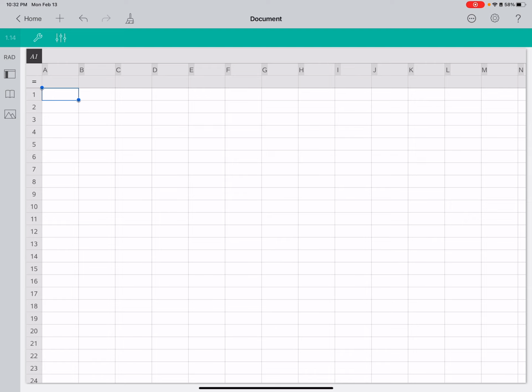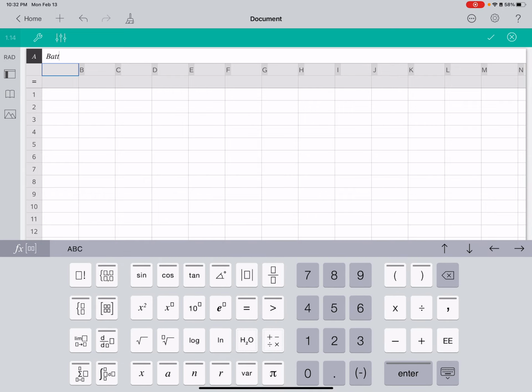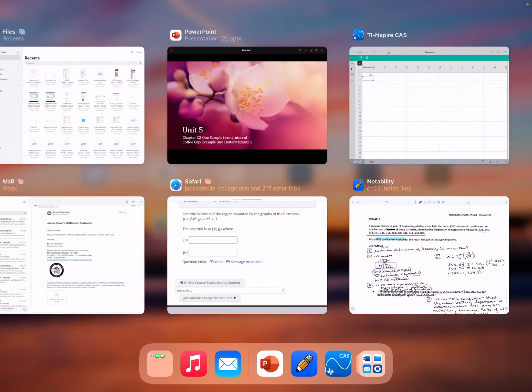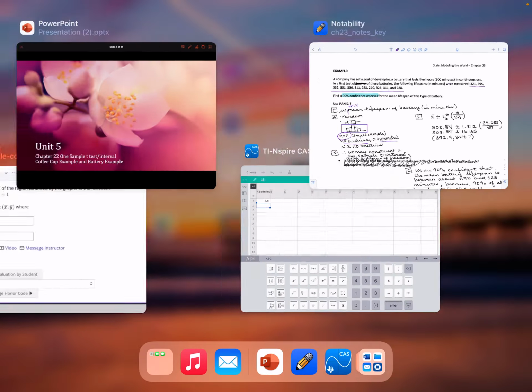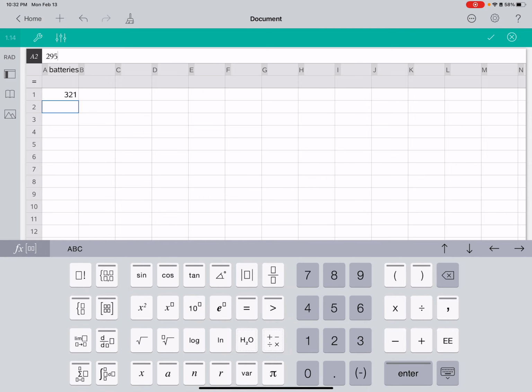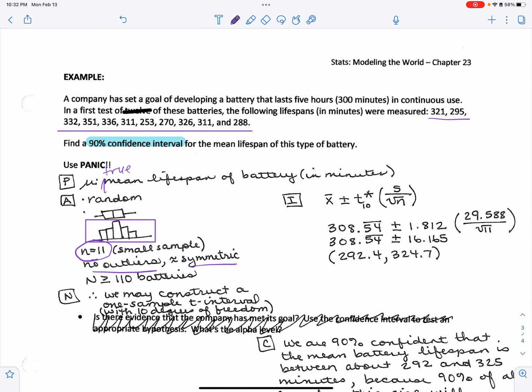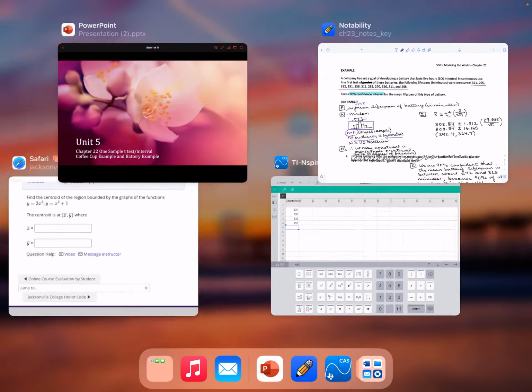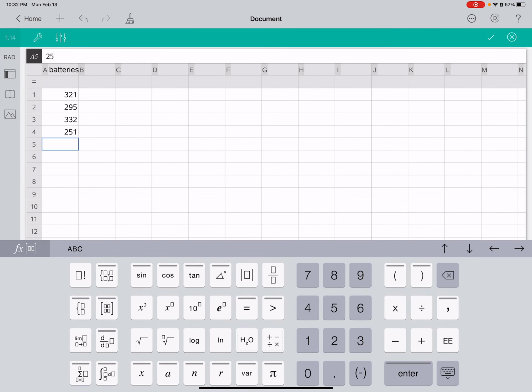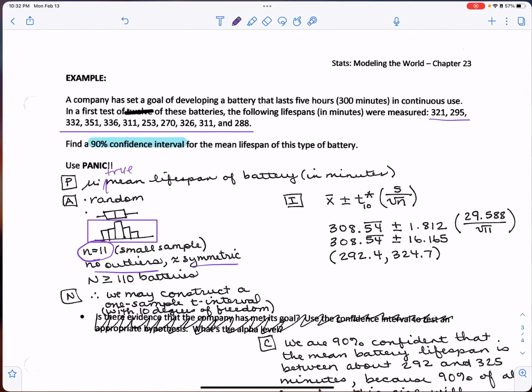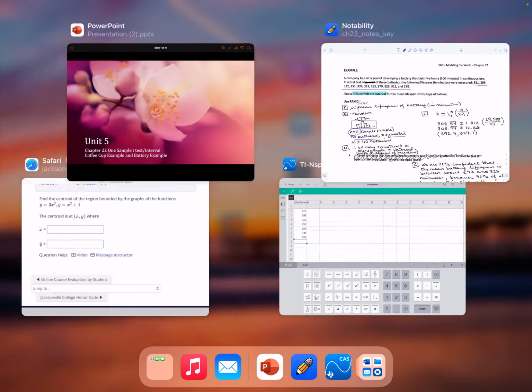Batteries here, and then I've got 321, 295, 332, 351, 336, 311, 253, 270, 326, 311, 288.